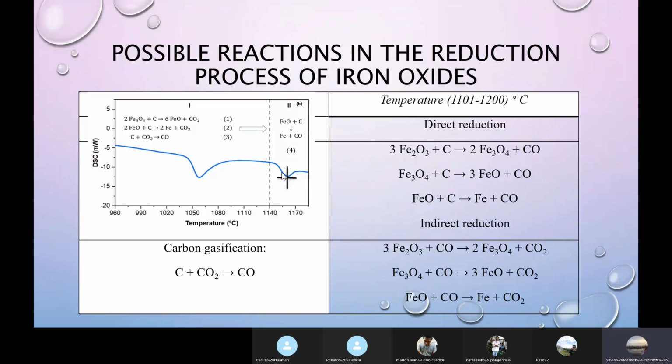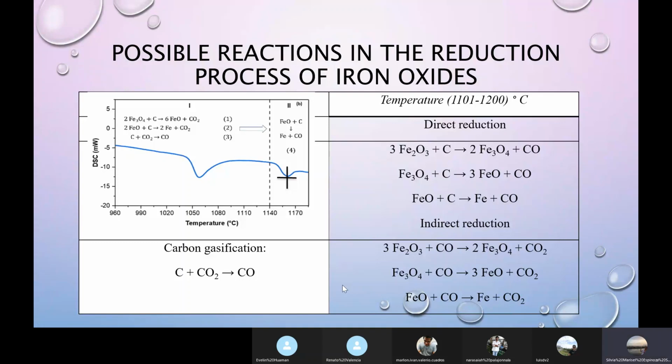In this stage, fewer gases than in the previous stage will be formed, which is reflected in a lesser mass loss. This is the summary of the process: wustite produces iron, and carbon gasification continues.